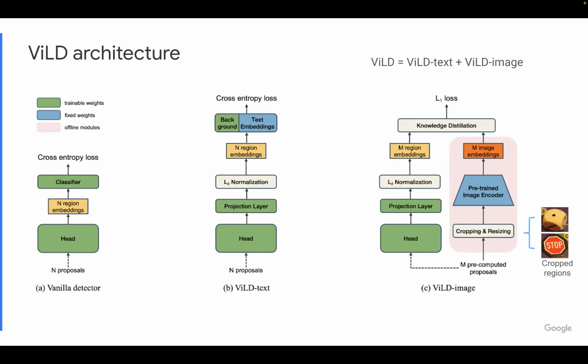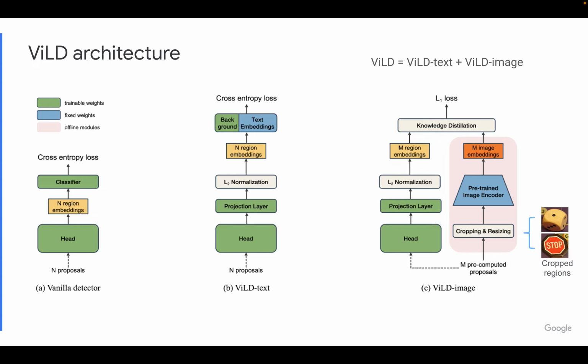And in the middle figure, we are incorporating CLIP's pre-trained text encoder into the architecture and use the knowledge from this pre-trained text encoder. So we use CLIP's text encoder to encode the category names into text embeddings and use them to replace the learnable classification weights. For the background category, because it's a bit hard to find some word to describe all the background categories, we still use a learnable background category.